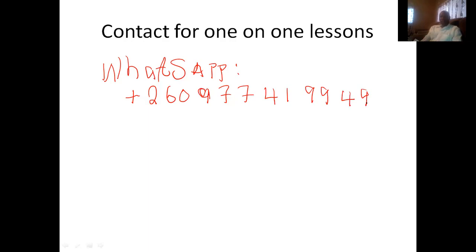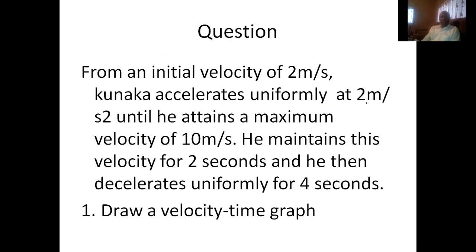So we're going straight into the lesson. We are solving a question here. From an initial velocity of 2 meters per second, Konaka accelerates uniformly at 2 meters per second squared until he attains a maximum velocity of 10 meters per second. He maintains this velocity for 2 seconds, and he then decelerates uniformly for 4 seconds.